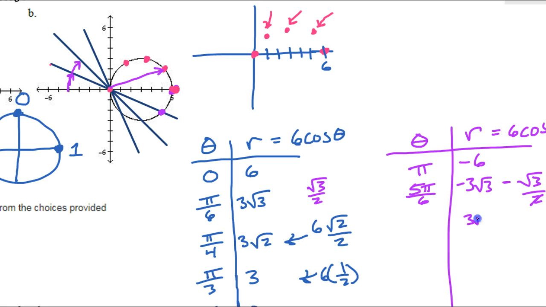We're going to get 3 radical 2 again, because it's the same reference angle. But because we're on the left side, cosine is negative. X values are negative. So I'm going to get all the same values I got the first time, but they will be negative. That's why instead of putting the dot out here, I have to go in the opposite direction. Because it's negative, you go in the opposite direction. That's why it ends up down here.